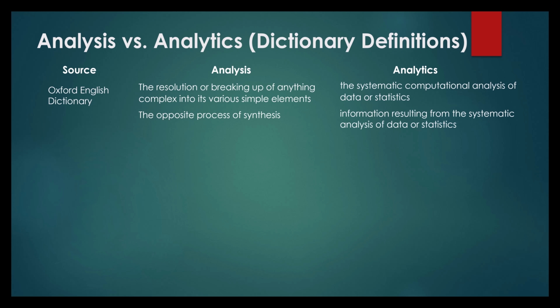Now, same dictionary, analytics is a systematic computational analysis of data or statistics, or information resulting from systematic analysis of data or statistics. So notice that the word data did not appear in the definition of analysis, whereas the word data appears in both these definitions of analytics.